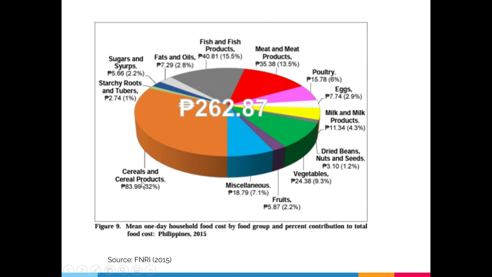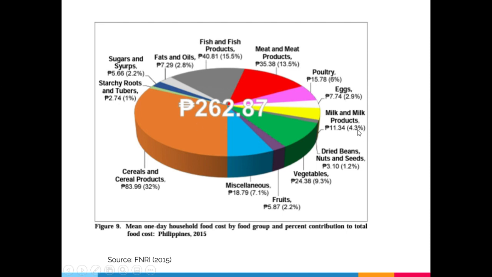Ang pinakadaghan is cereals, 32%. Yes, it's expected kay ganahan gyud tag kanon. Okay? Fish is 15.5. Okay, that's not bad. Although dako-dako gyud gyapon ang sa meat, 13.5. Okay?